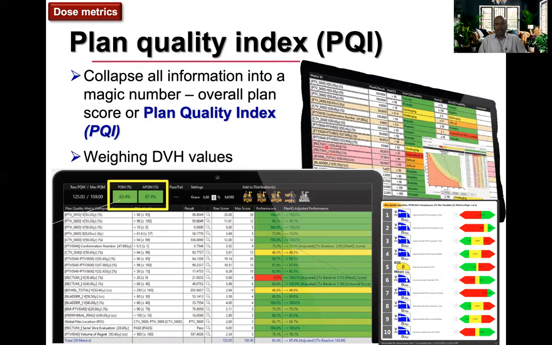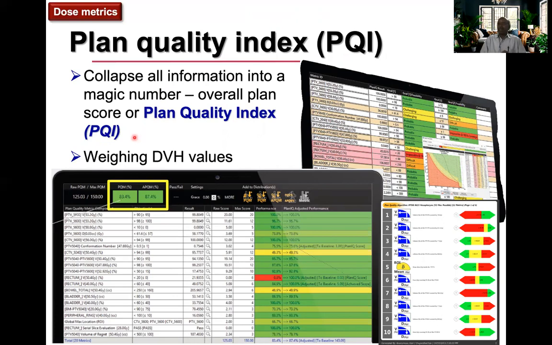Now, instead of talking about different indices, it will make our life easy if we can talk about one single number called the plan quality index. If we can collapse all information onto a magic number, we can call it the overall plan score or plan quality index.